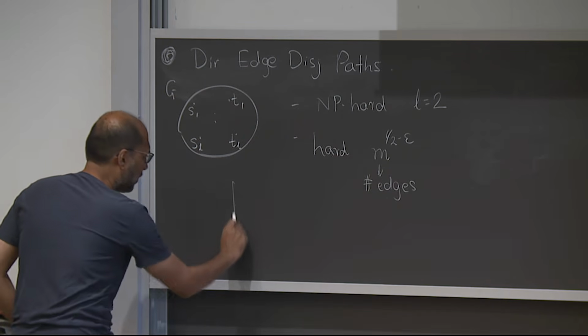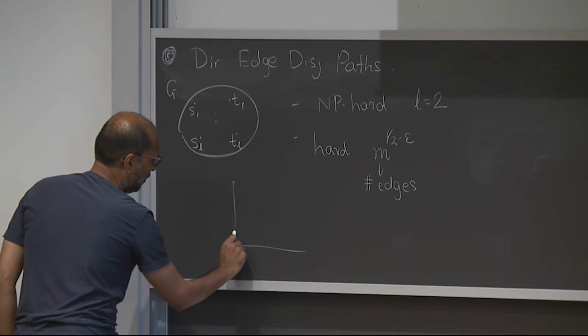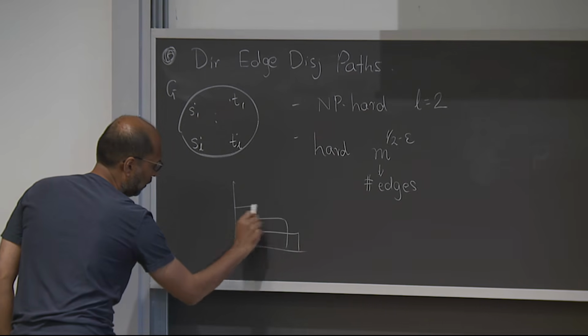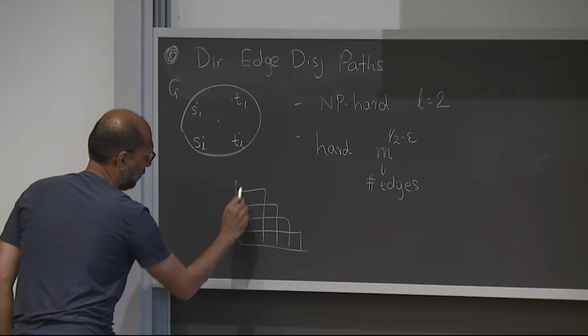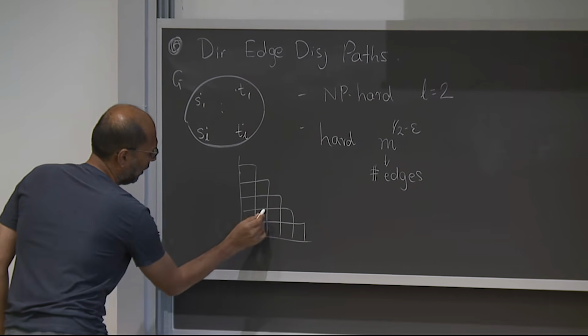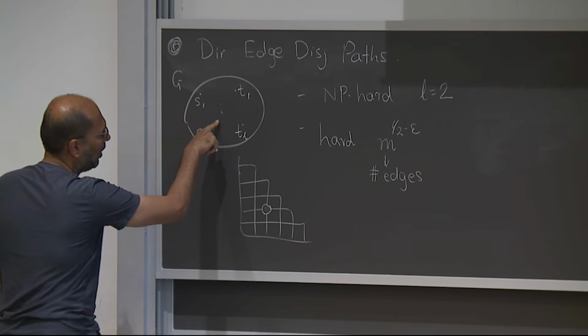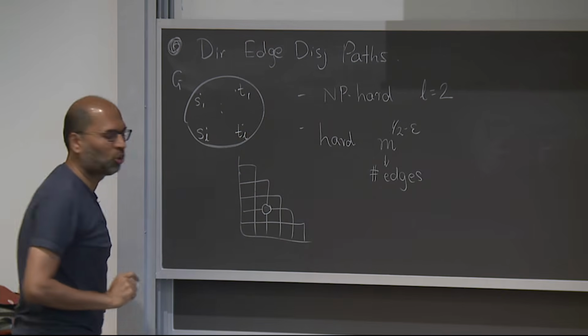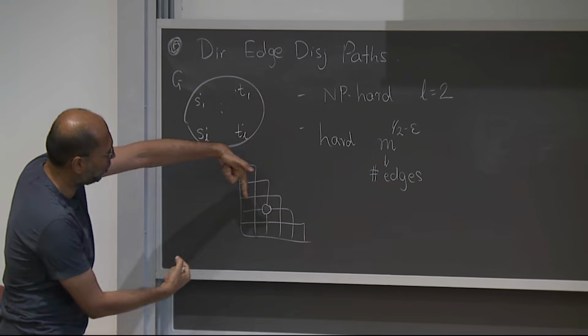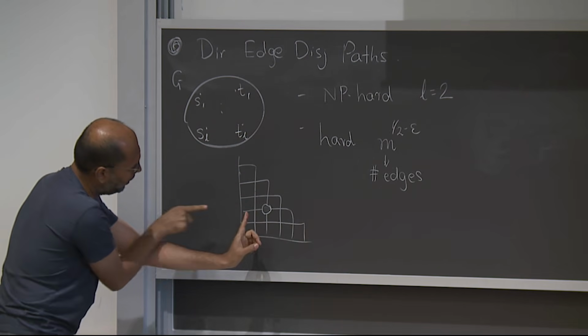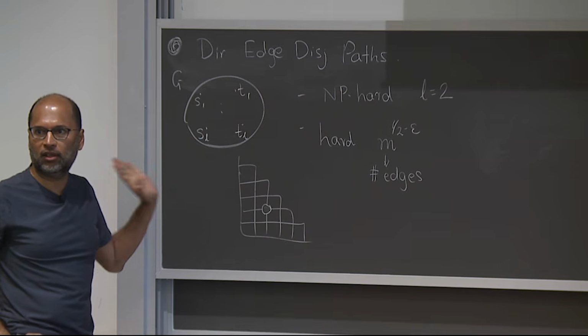I could even draw a picture here. It's like this. You construct a new graph like this, and each intersection point of this grid you replace by a hard instance of this problem with two source-sink pairs. And one source-sink pair is connected vertically and the other one horizontally. And that's it. This is the reduction.